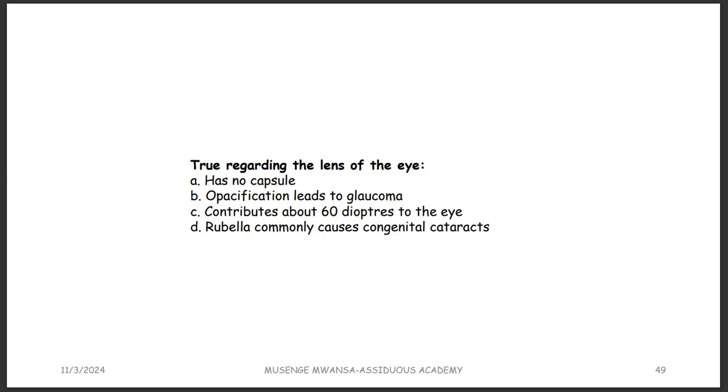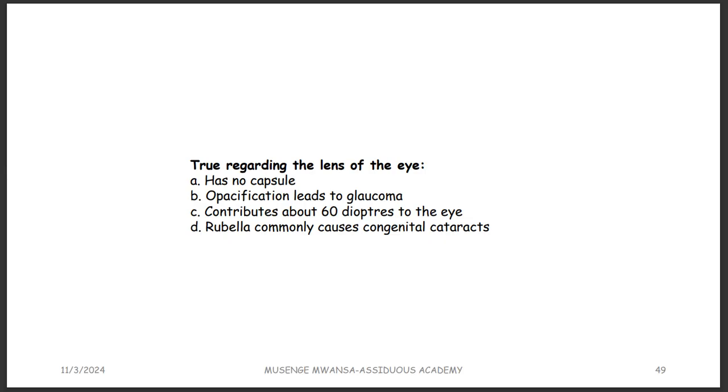Which one is more curved? The cornea of the eye is more curved, so its refractive power is more than the lens. The refractive power of the cornea is 42 and that of the lens is 23. You can find their focal lengths by simply taking the reciprocal of those numbers.